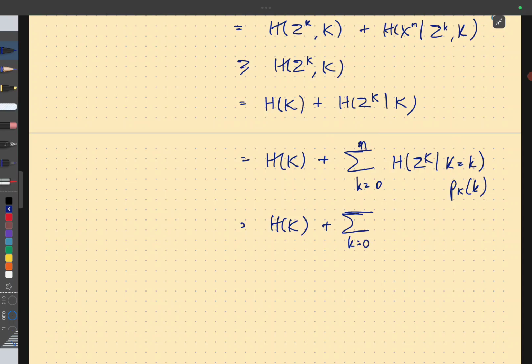We know that the Z_i should be IID Bernoulli half. So the entropy of Z^k given k equal to little k should be equal to little k times the binary entropy of half, which is just little k.